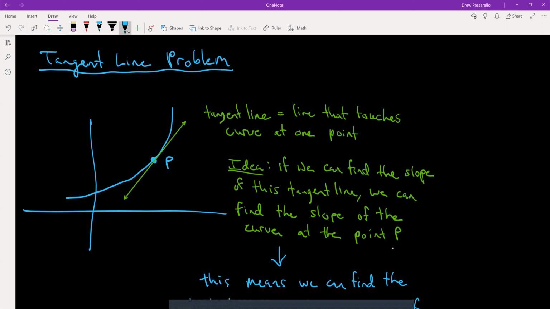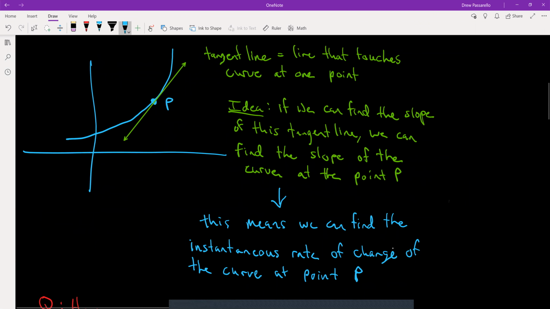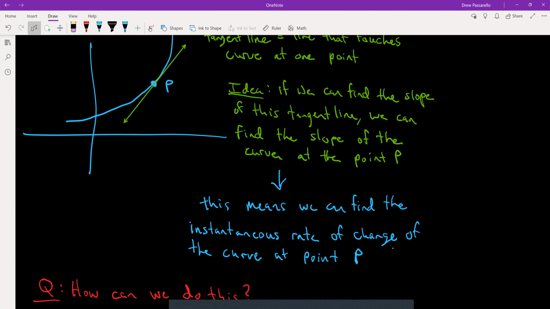A tangent line is basically a line that touches the curve at one point. So tan means touch, but it's going to be touching at just one point on the curve. And the idea is, if we can find the slope of that tangent line, it will give us the slope of the curve at that particular point P. And if we can find the slope of the curve at that specific point, that's called an instantaneous rate of change.